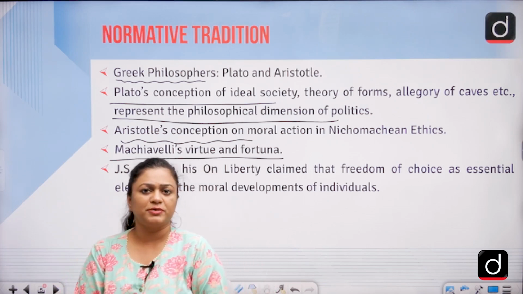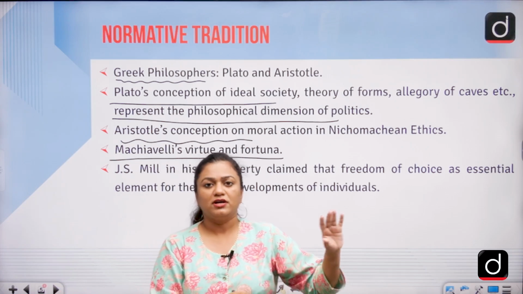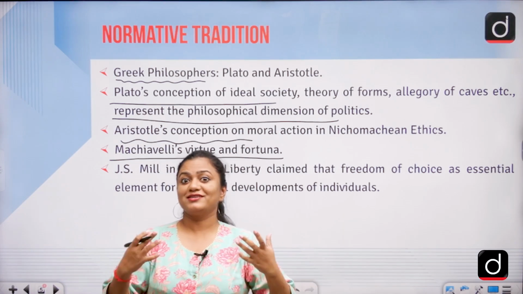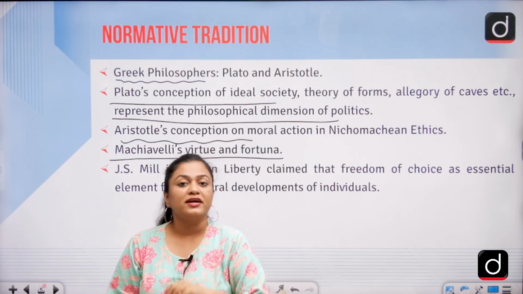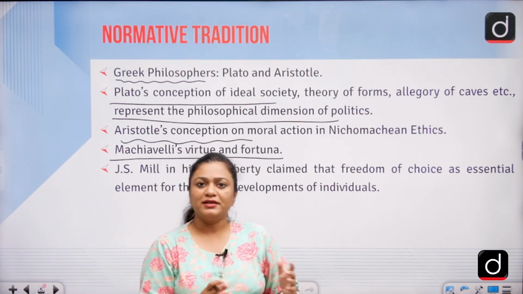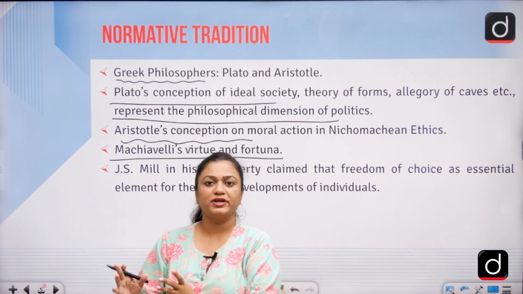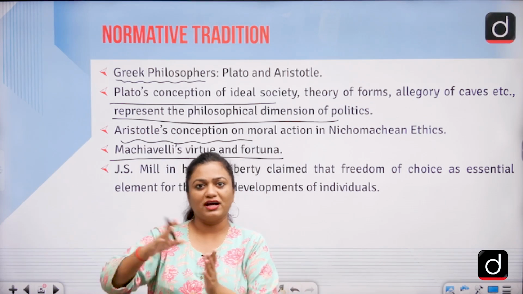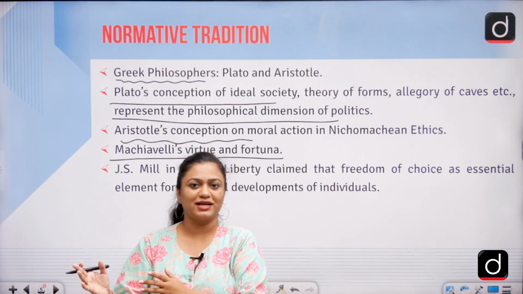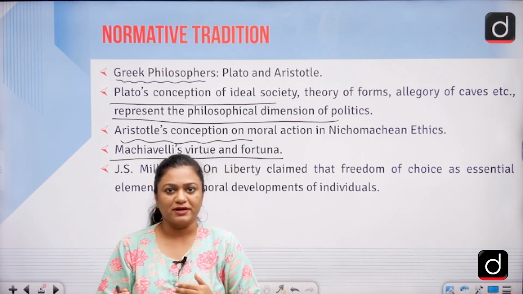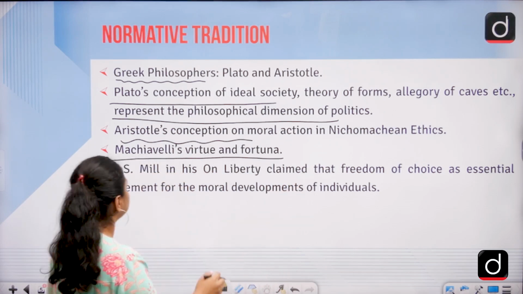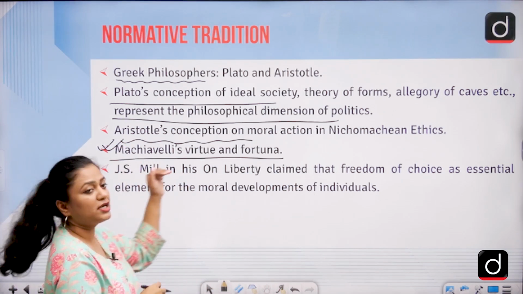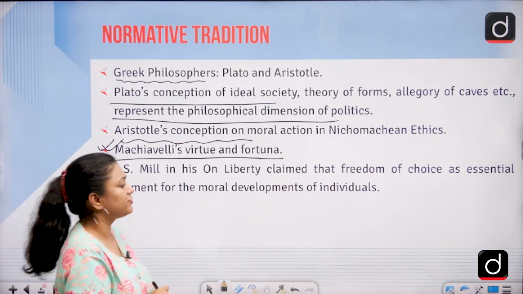Let's take an example: he has given us the example that the king has to be courageous like a lion and cunning like a fox. Okay. And in the Discourses also, although according to him the prince is there only for the transition period, at the end of the day he is favoring a republic, right? So again, this idea also reflects the normative tradition.